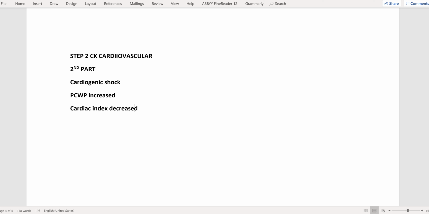If you have ST elevation at night and chest pain at night, nocturnal chest pain and ST elevation, so that's Prinzmetal angina, right? And it's similar to Raynaud phenomenon, when you have vasospasm.